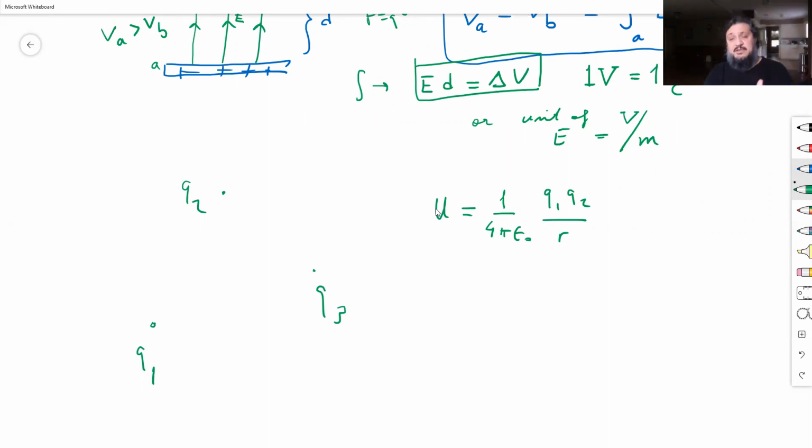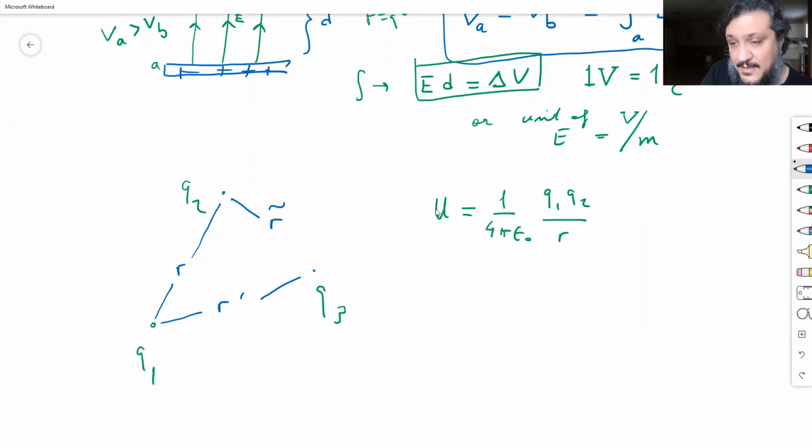But now you're introducing a new charge to the system. You're doing some work. So if you pin those 3 where they are, I need another distance here. Call it R prime. And the distance between Q2 and Q3 is R tilde or something.